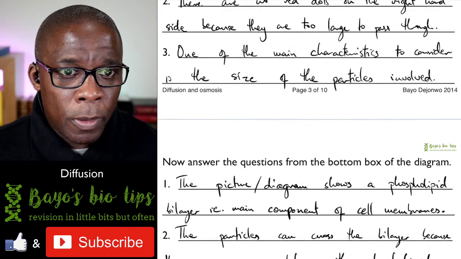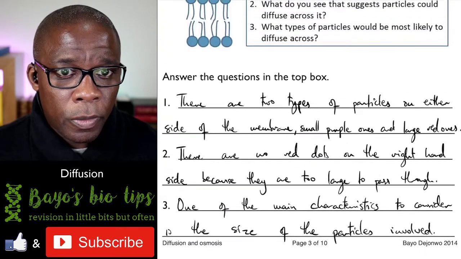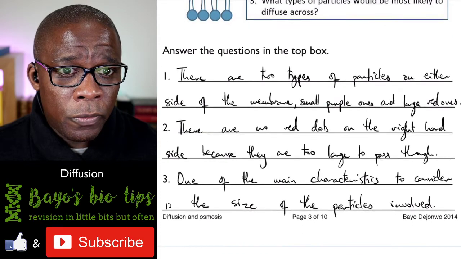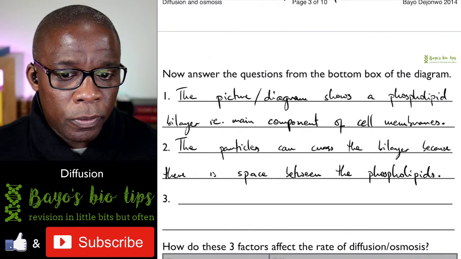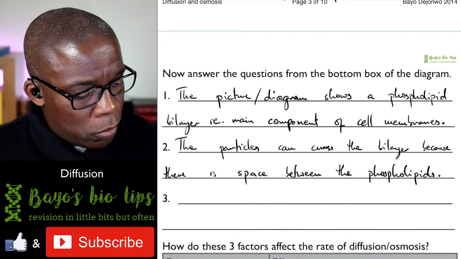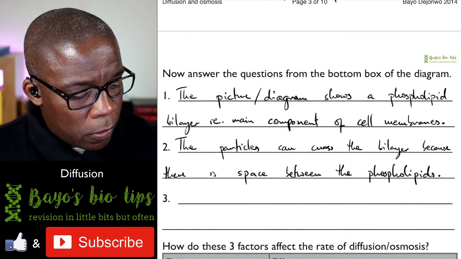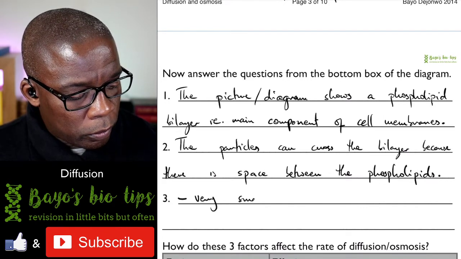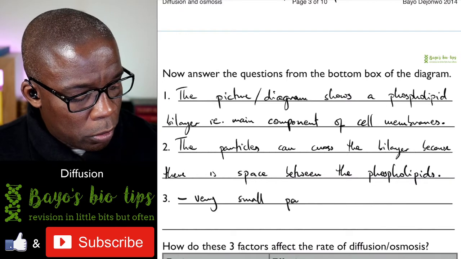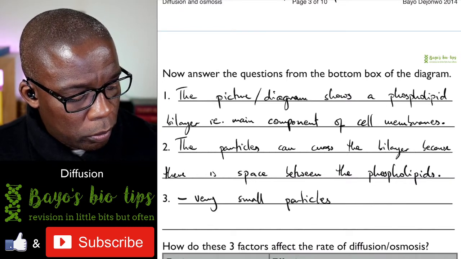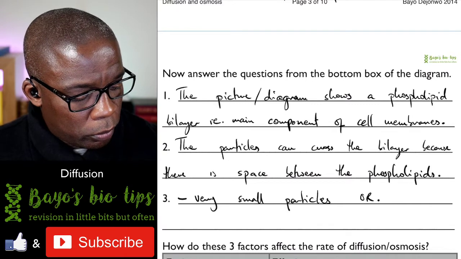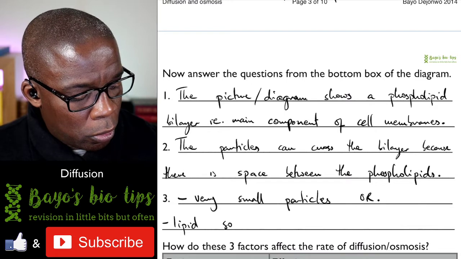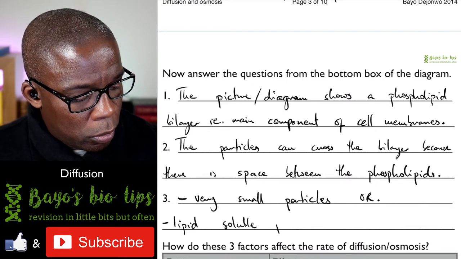And now let's think about the last question. What types of particles would be most likely to diffuse across? So we're going to consider two different things here, either very small particles or lipid soluble particles.